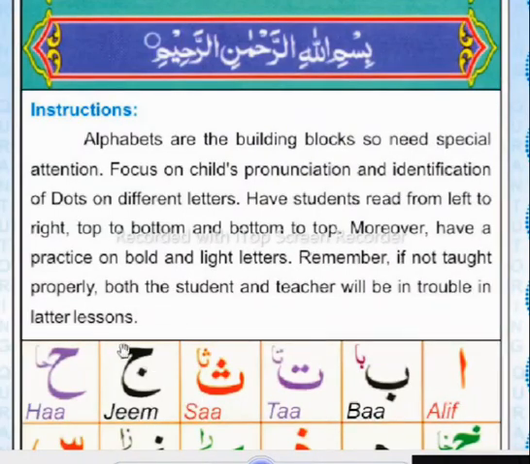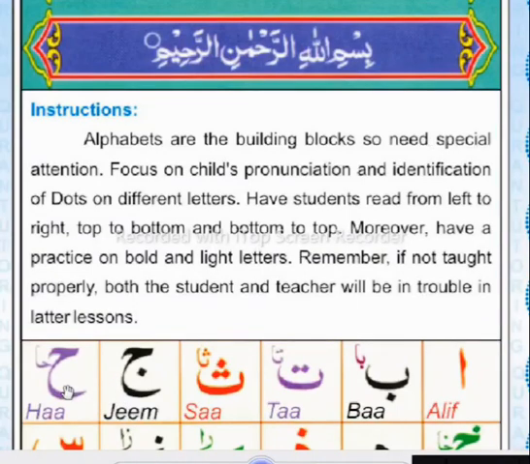Now come to the next letters. This is another shape. It is called Jeem. The beginning part is this one, and after that it is rounded like this and has one dot in the middle, and this is pronounced Jeem. Yes, mashallah.